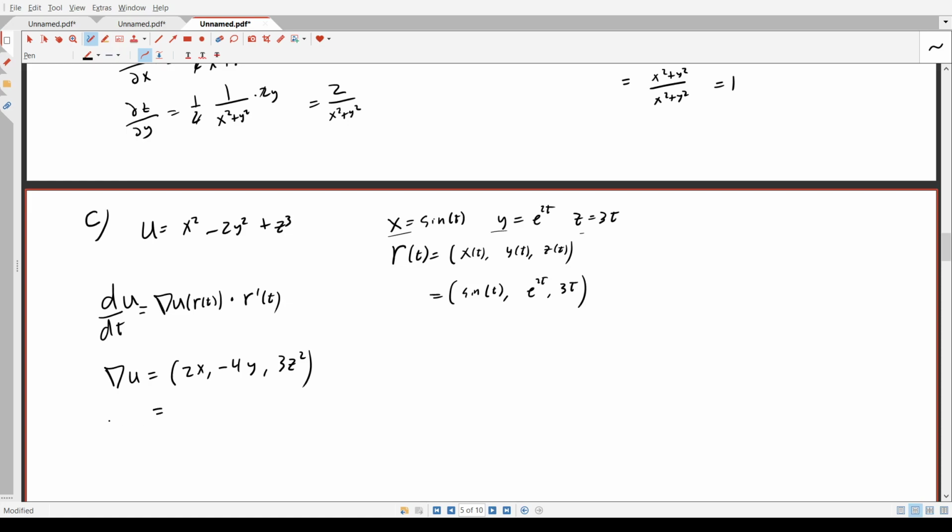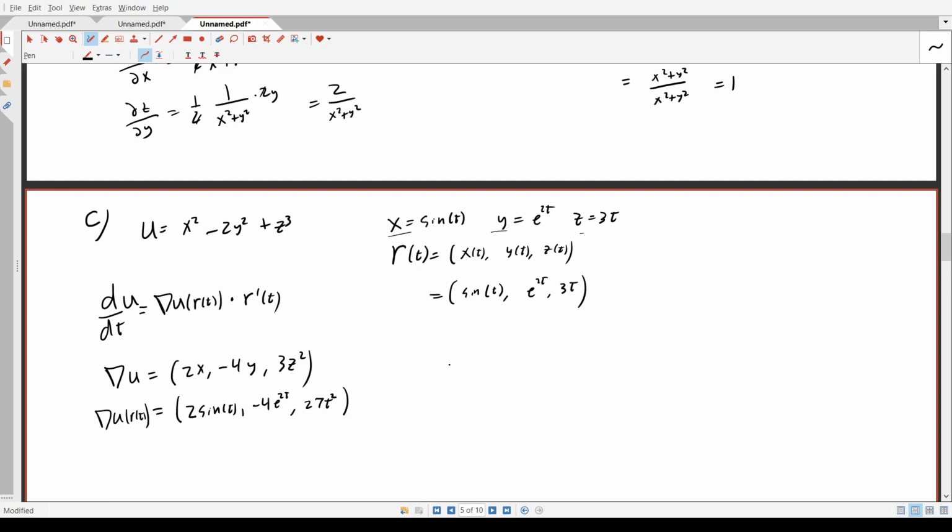So gradient u at r of t is 2 sine t, minus 4e to the 2t, 3 times 3 squared, which is 27t squared.